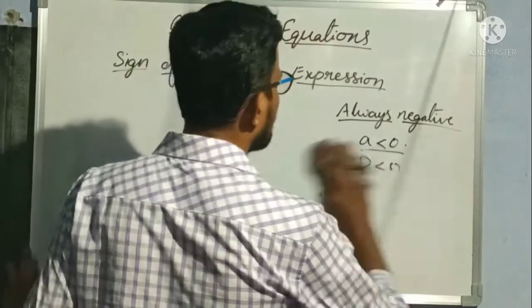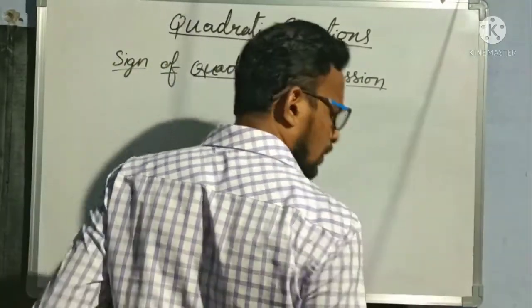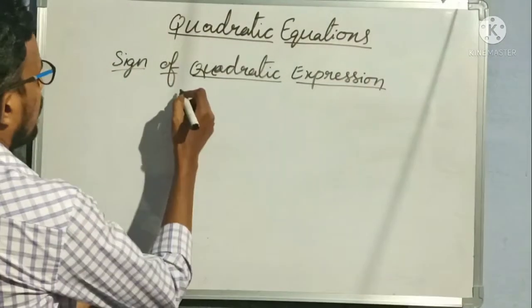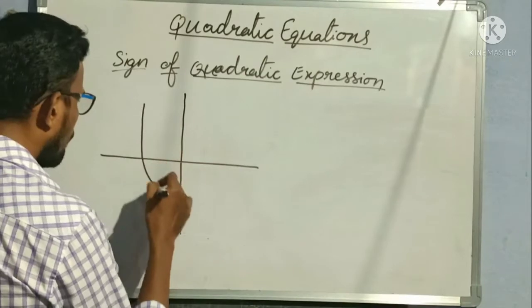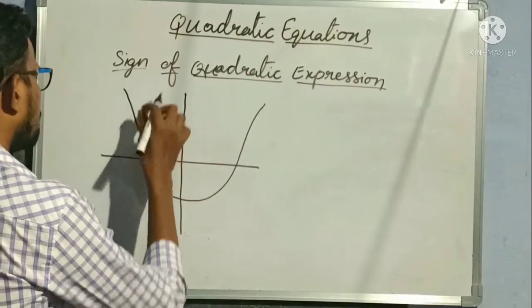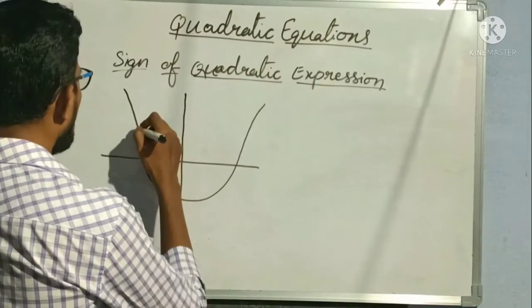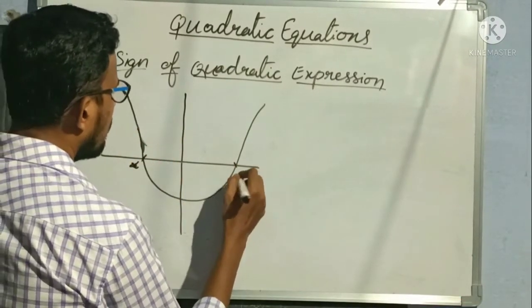Next, one more condition. If this is not satisfied, if our graph is something like this, our parabola will be something like this. Clear? And here this will be alpha and this will be beta.